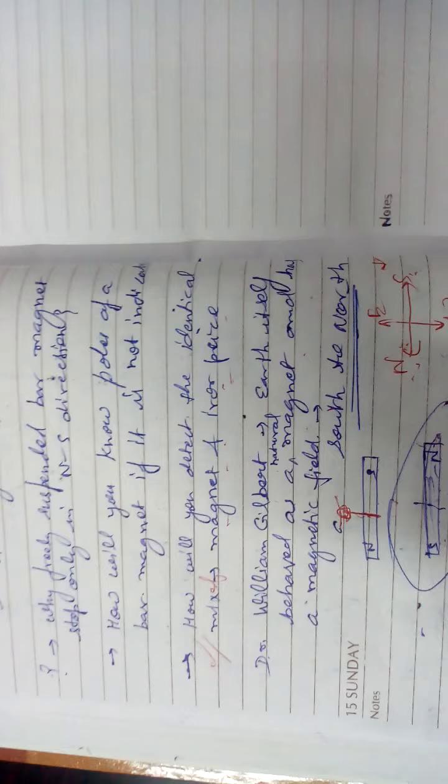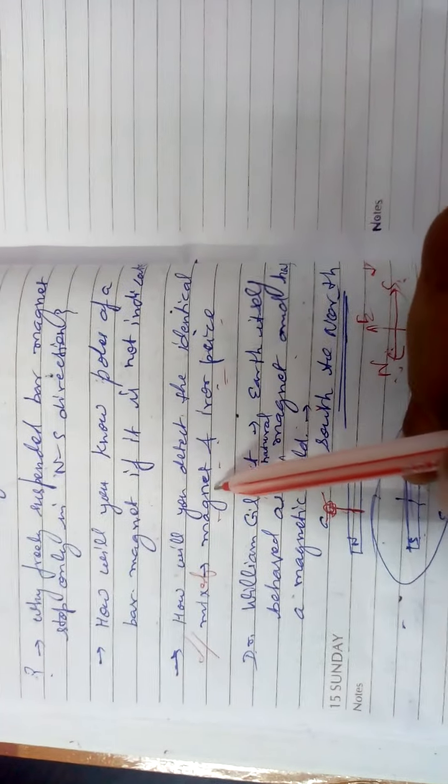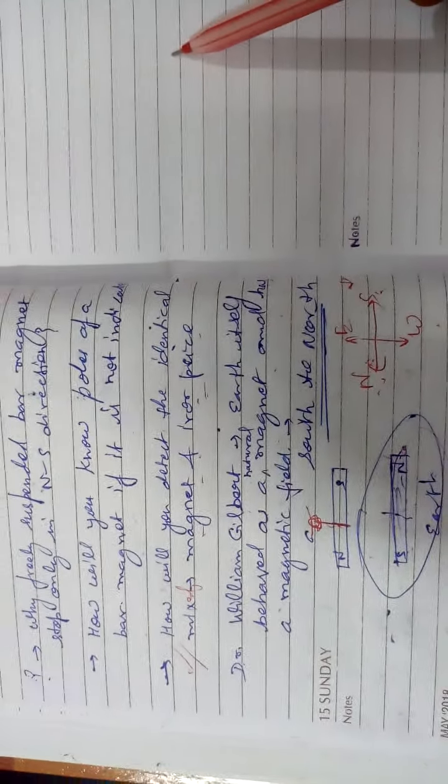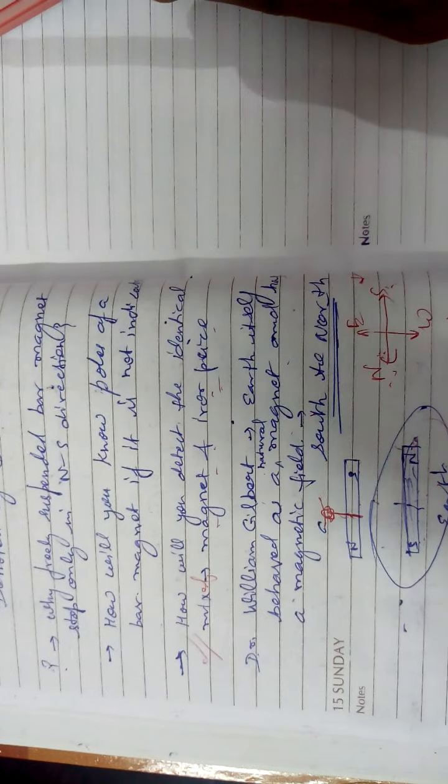Take one magnet in my hand. One piece I am taking out, putting the north pole near one end and then the other end. One end it is attracting, the other end it is also attracting. Both ends attracted by the one pole, it means it is an iron piece.